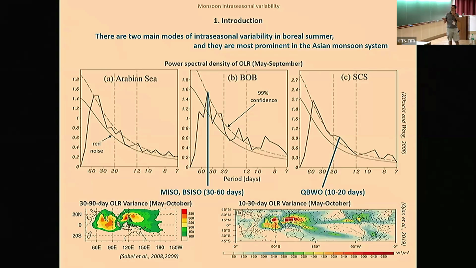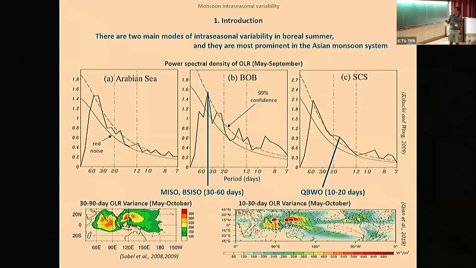And we can look at the variance within those period or frequency bands, 30 to 90 days and 10 to 30 days, and see where the variability is maximum. As we can see from these maps, this is for the slow mode and this is for the fast mode, the variance is mostly over the seas around southern Asia and Southeast Asia.